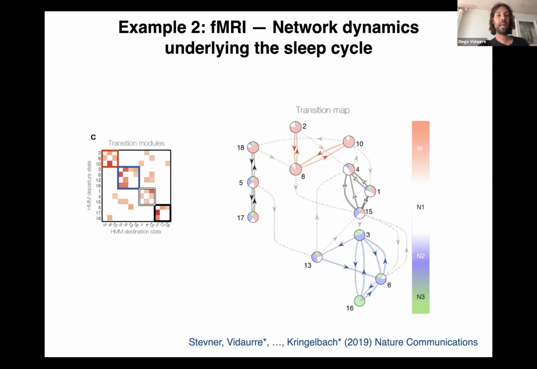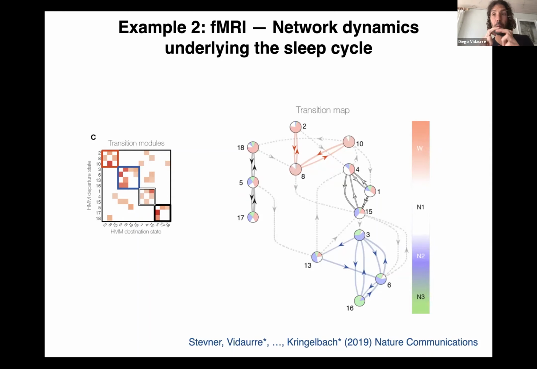And what we found is that we pulled out networks of activity that were very predictive of the sleep states as defined by an expert, but they were more informative in a way because it was a more fine-grained description of sleep. So we found models of networks that you transition within more often than across.